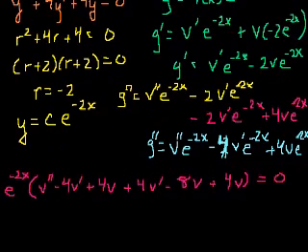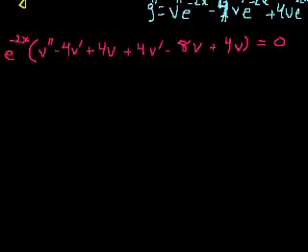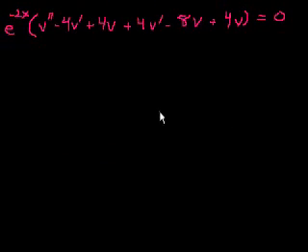And let's see if we can simplify this a little bit more, and then hopefully solve for v. Some things are popping out at me. So I have plus 4v, plus 4v, plus 4v, that's plus 8v, minus 8v. So plus 4 minus 8 plus 4, those cancel out.